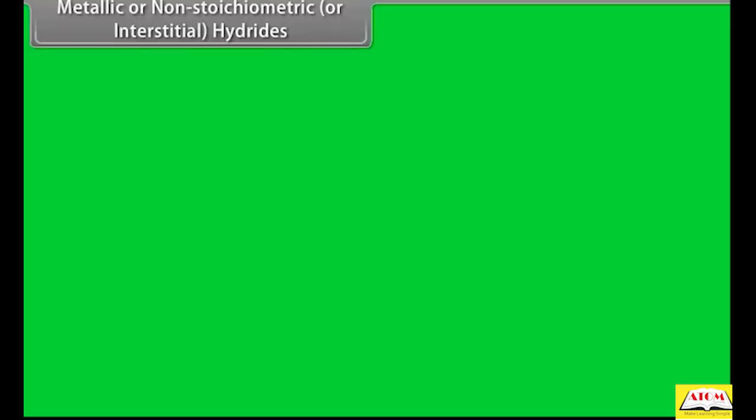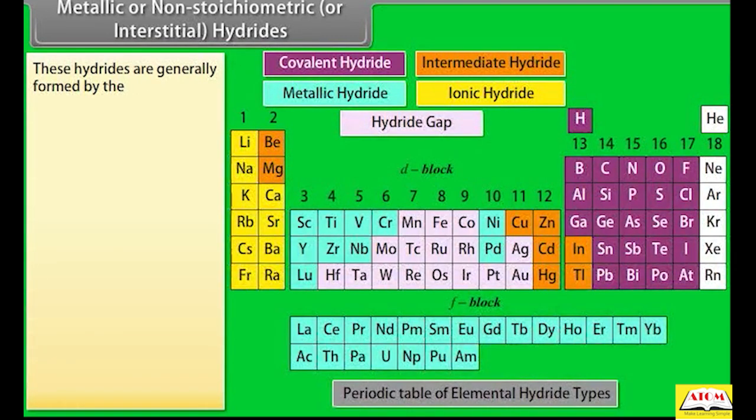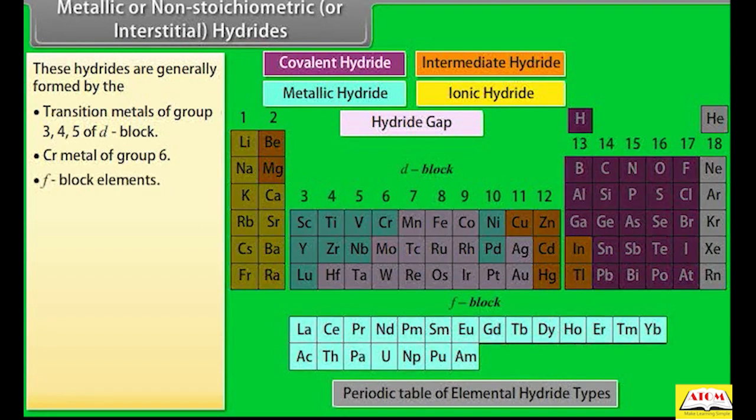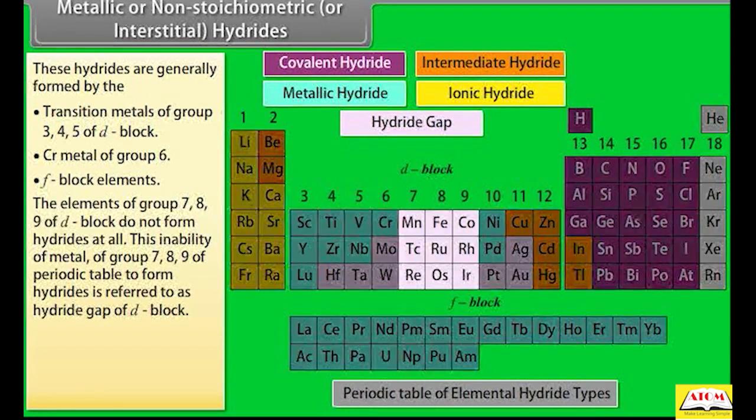Metallic or non-stoichiometric or interstitial hydrides. These hydrides are generally formed by the transition metals of group 3, 4, 5 of d-block, Cr metal of group 6, f-block metals. The elements of group 7, 8, 9 of d-block do not form hydrides at all.